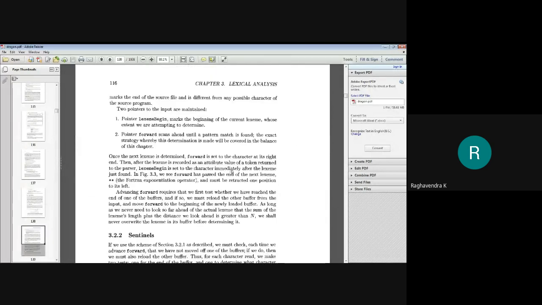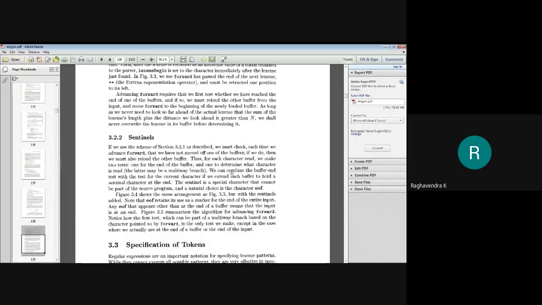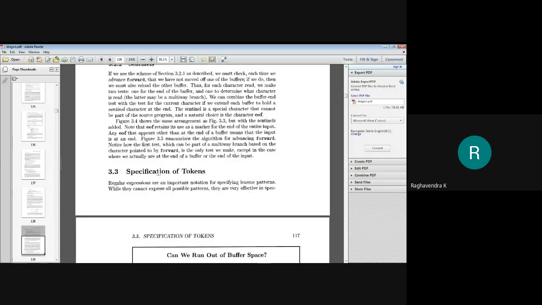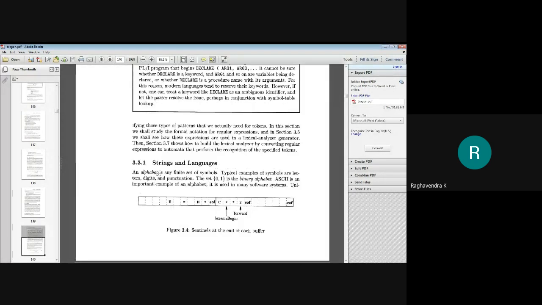Okay, so this technique can be improved by using the concept of sentinels, which would actually be introduced into the buffer itself at the end, right? For example, each buffer is going to be marked with EOF as shown in the figure here.